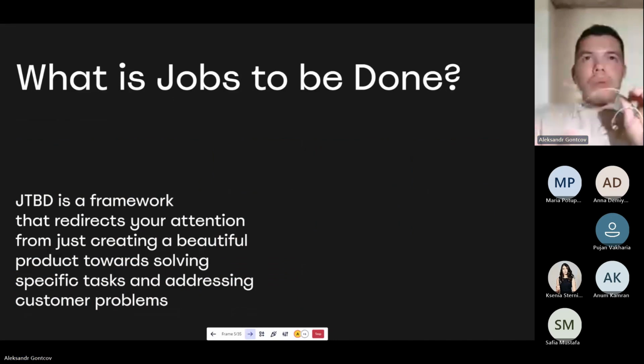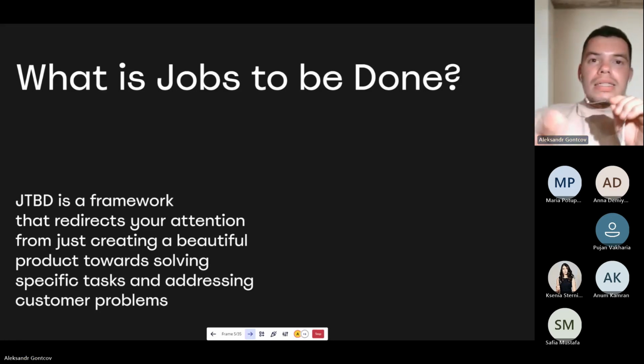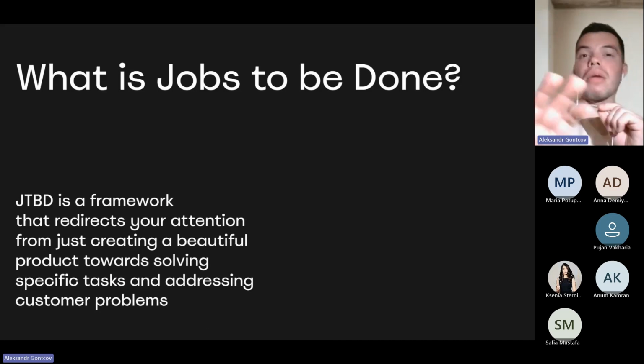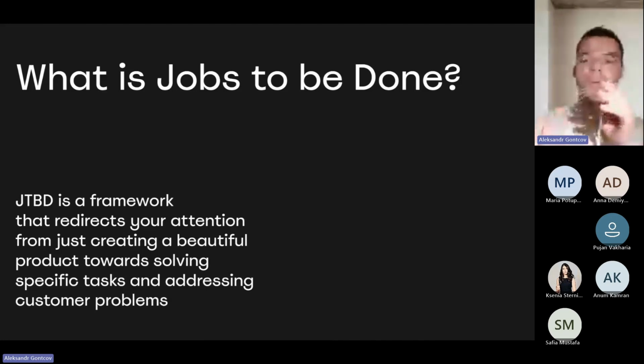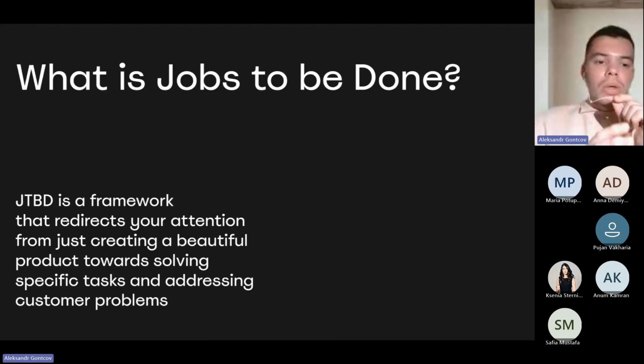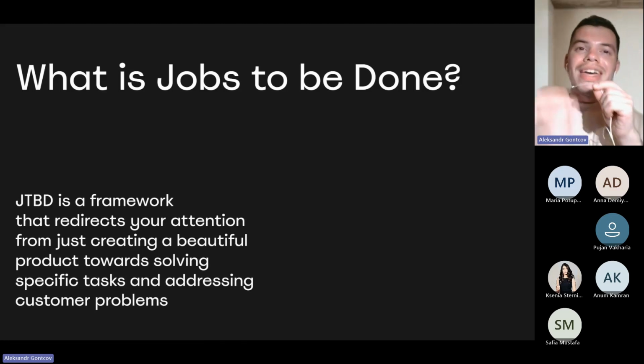So what is jobs to be done exactly? I would like to put it in this perspective. Customers do not buy a product just to buy a product, and I think we all agree with that. They want to hire a product to solve a concrete problem that they have.